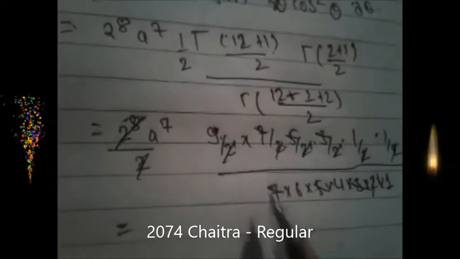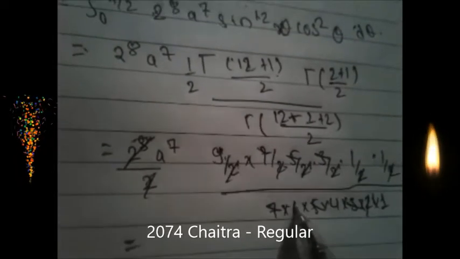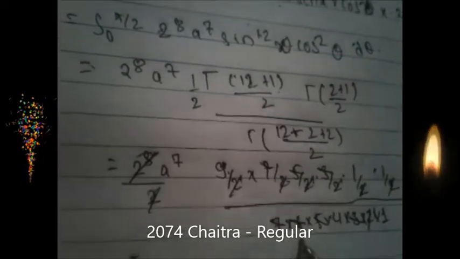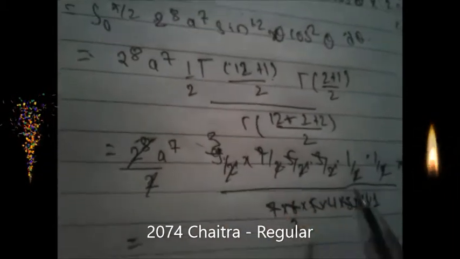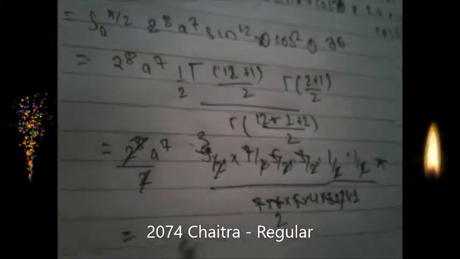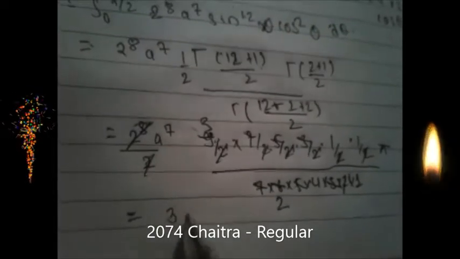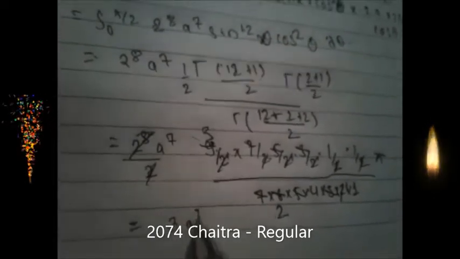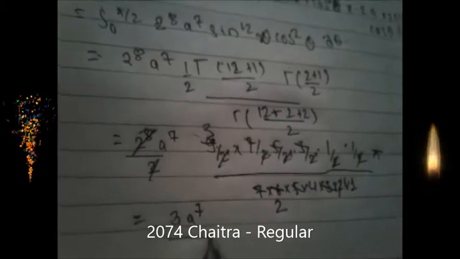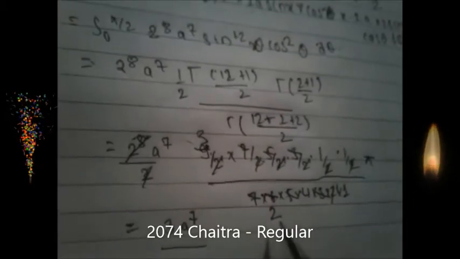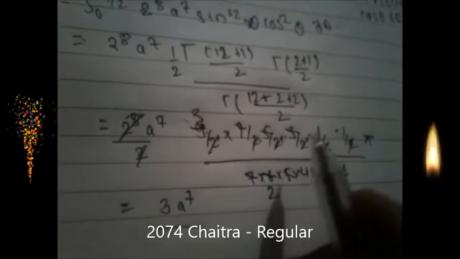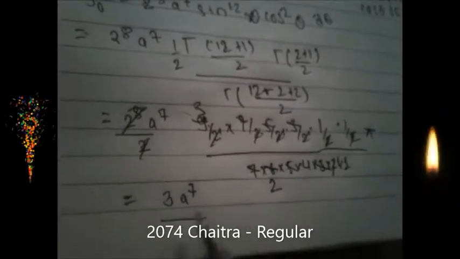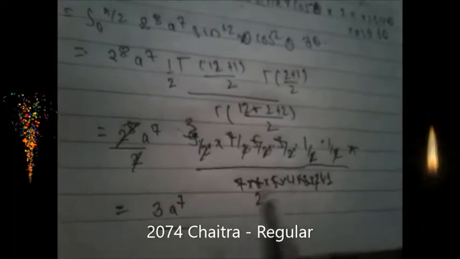Now what do we have remaining? We have remaining 3, 2 is 6, 3 is 9. What do I have remaining at the upper side? 2, 3, 8 raised to the power of 7 by 4 into 2 is 8. And is anything remaining on the topmost side? I don't think anything is remaining.